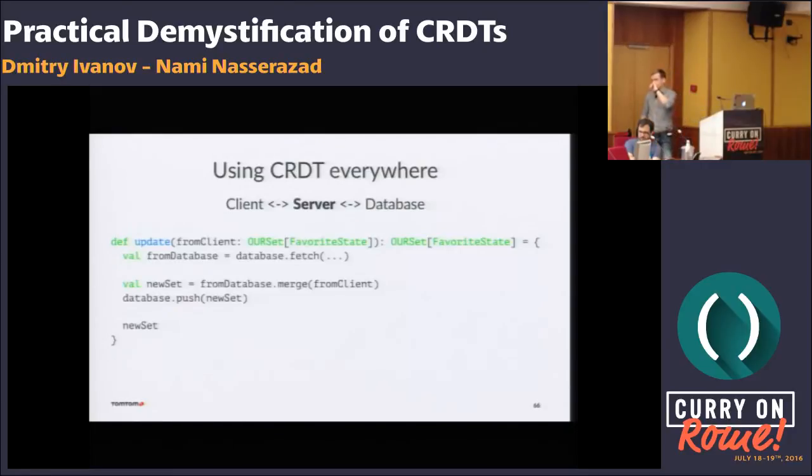For example, if your server node receives an update from a client replica, what does it need to do? It needs to get the local replica from the database layer, merge it with the client's, and then store it back. And then if the database layer has a conflict, exactly as Nami explained, we will also solve that separately. So in all layers, the flow algorithm is the same.